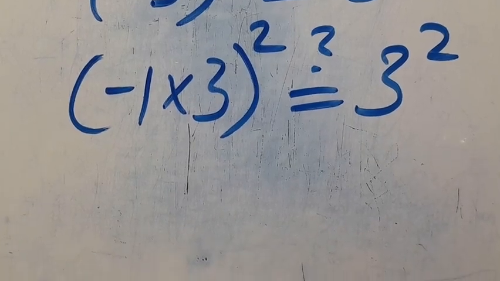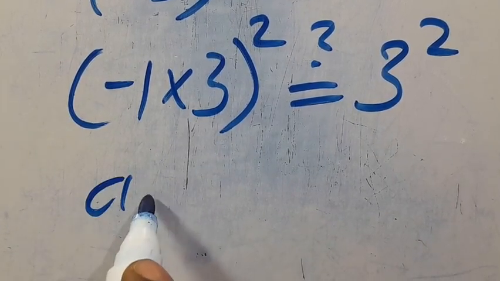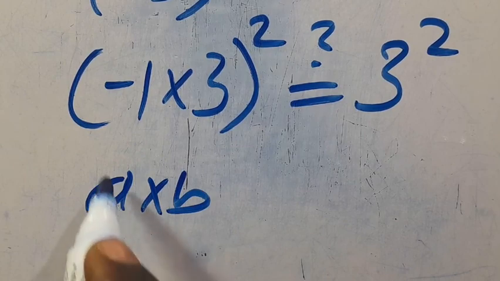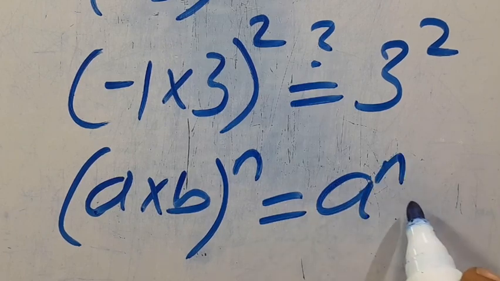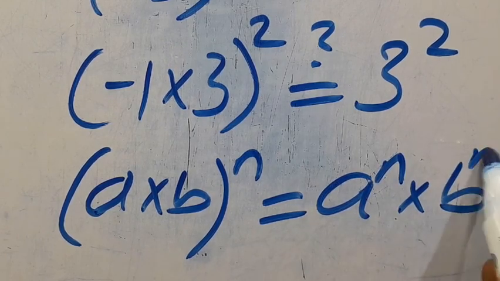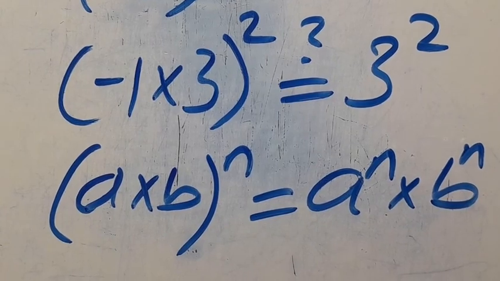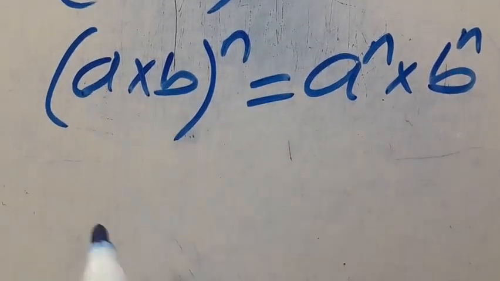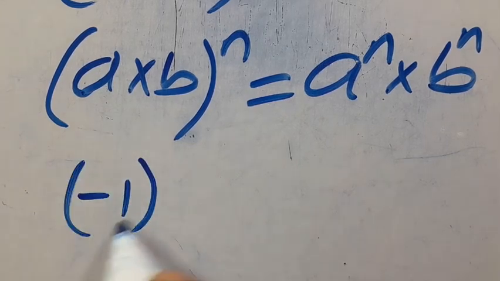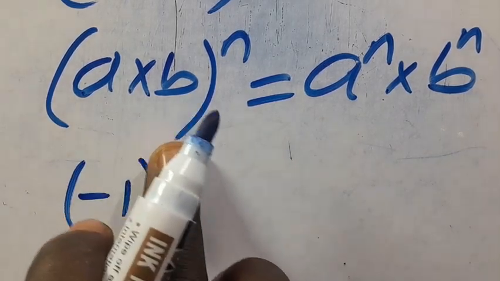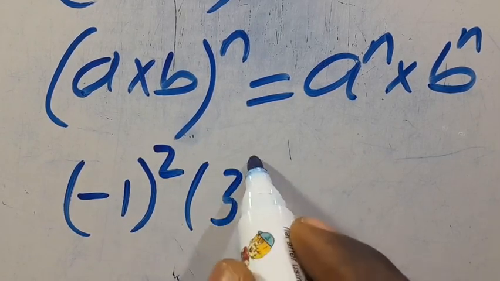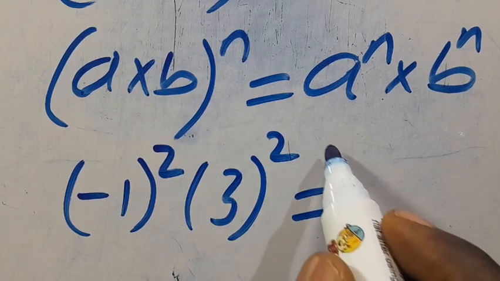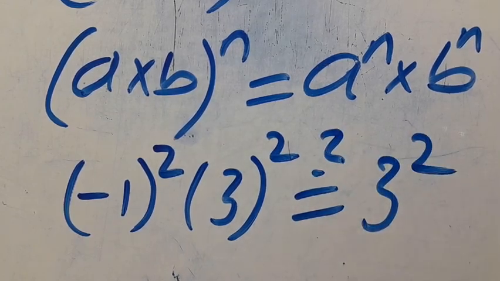Then let us recall that when you have (a times b) to the power of n equals a to the power of n multiplied by b to the power of n. Let's apply it here. So we have (-1)^2 multiplied by 3 to the power of 2, then it's going to give us 3 to the power of 2.